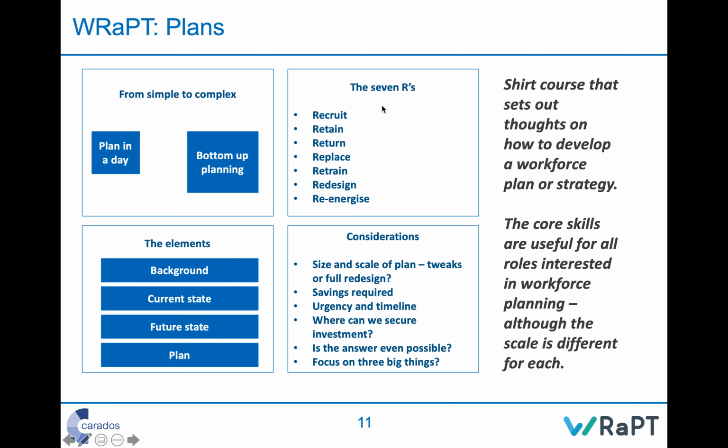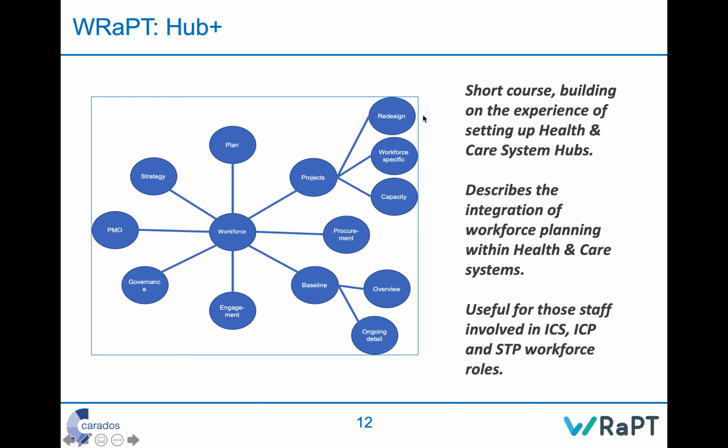How can we develop a plan or a strategy? So WRaPT Hub Plus is our focus on the various different things you need to do at hub level. When I say hub level, I'm talking about system level type stuff here. And we'll talk about all the different elements that make up being the workforce lead or leads at a system level.